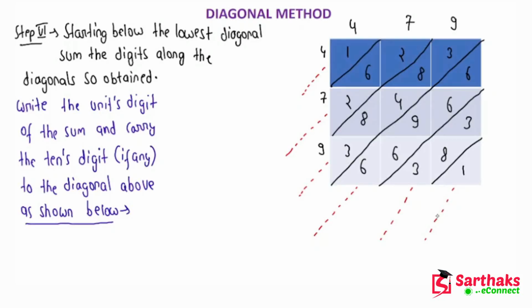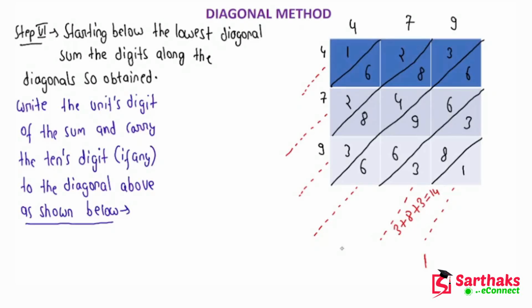Now it says to sum them. So 1 has nothing to do with it, so 1 is actually like this only. Now what we have to do is sum them. So 3 plus 8 plus 3. Now it comes out to be 14.